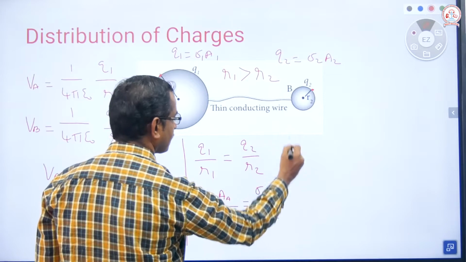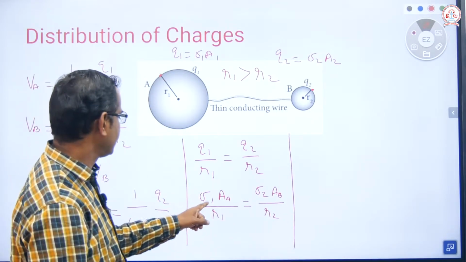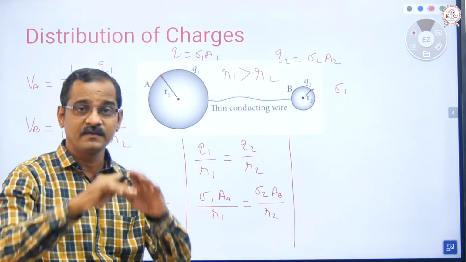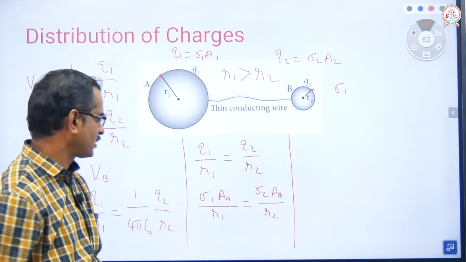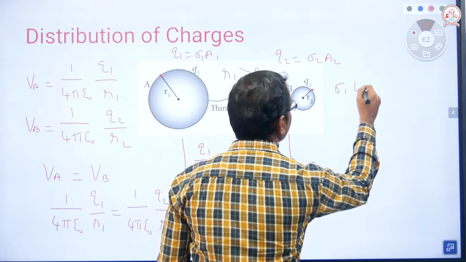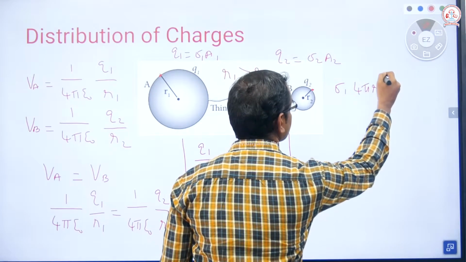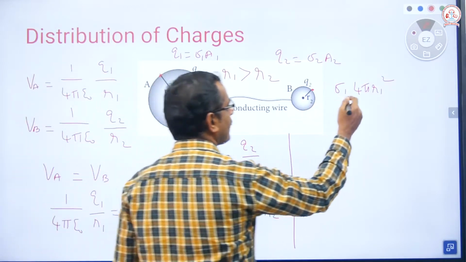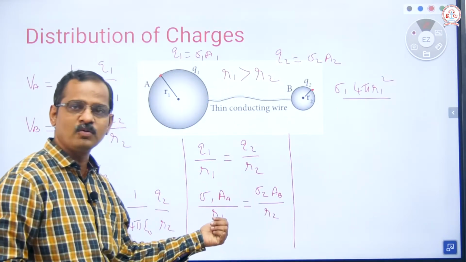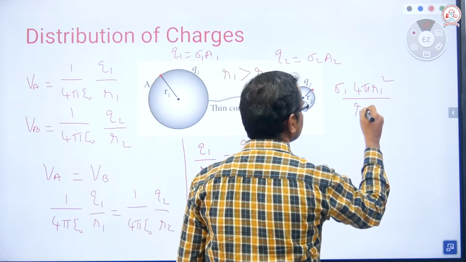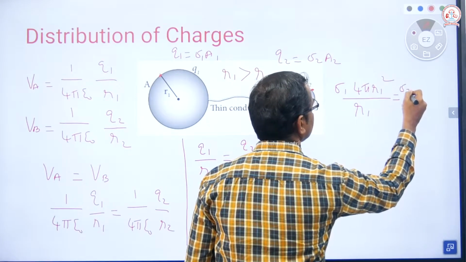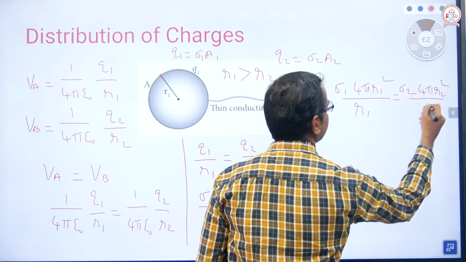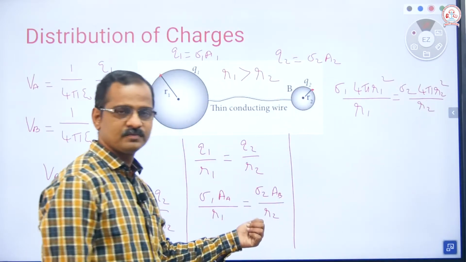The area of a sphere is 4 pi r square, so for sphere A it is 4 pi R1 square, because the radius of sphere A is R1, divided by R1, equal to sigma 2 times 4 pi R2 square divided by R2.